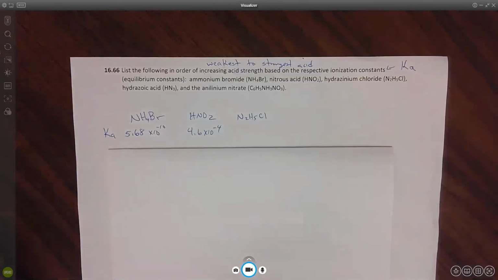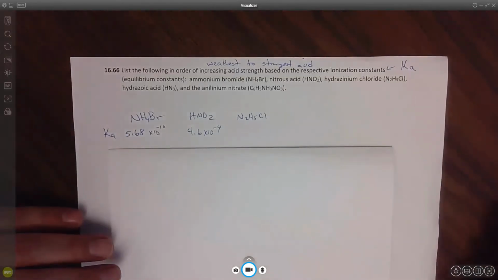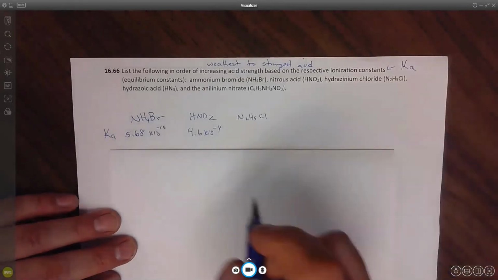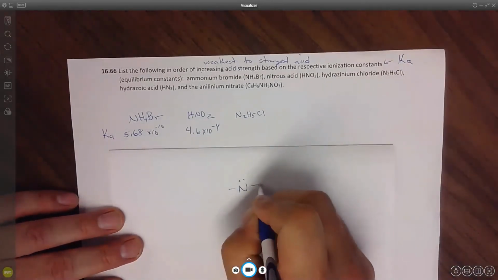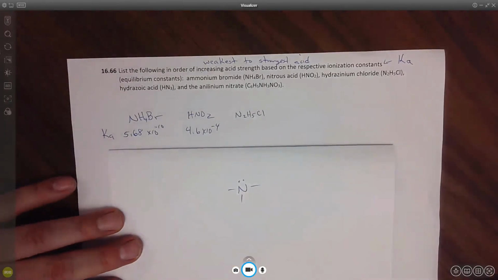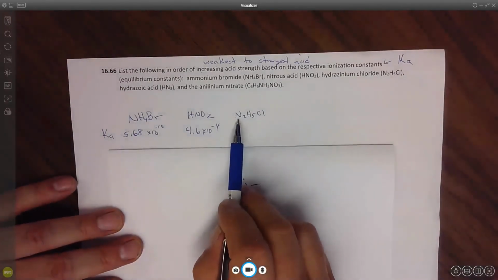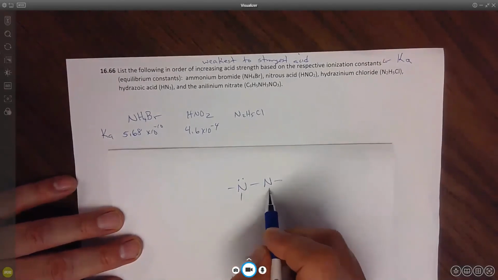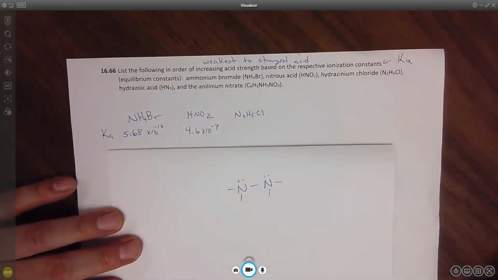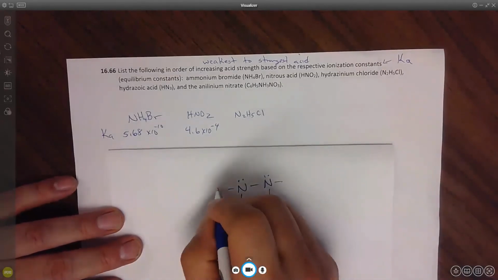One way to figure out if it's not is let's look at it real quick. We have a nitrogen. A nitrogen has a lone pair and 3 sets of bonds. Most likely this nitrogen, since it's written like that, is connected to this nitrogen, which has 3 bonds and a lone pair. The hydrogens all have a single bond.